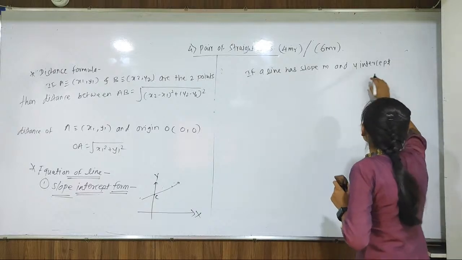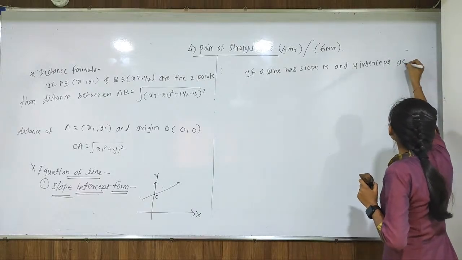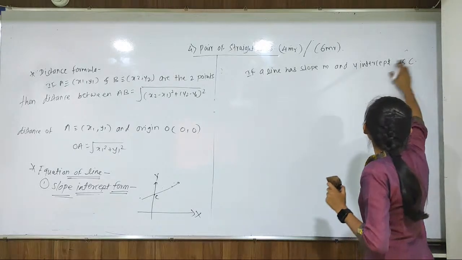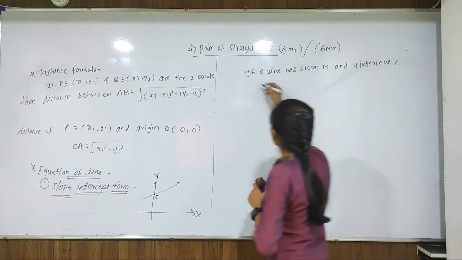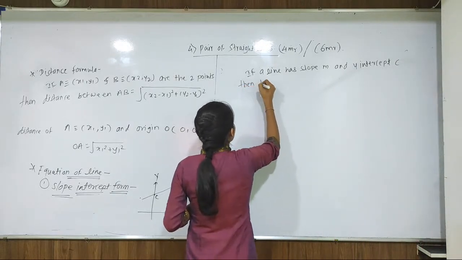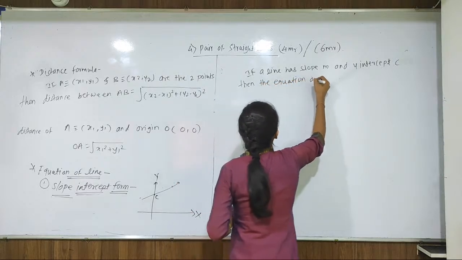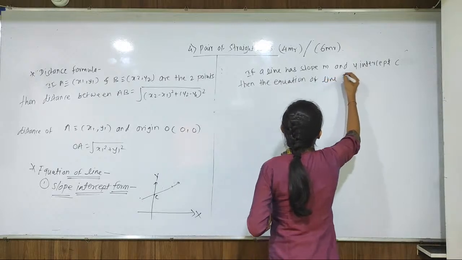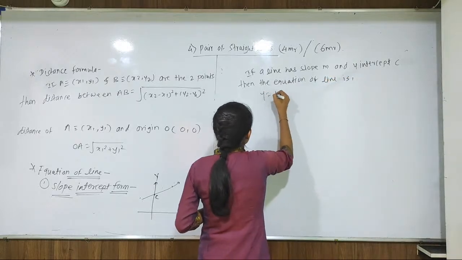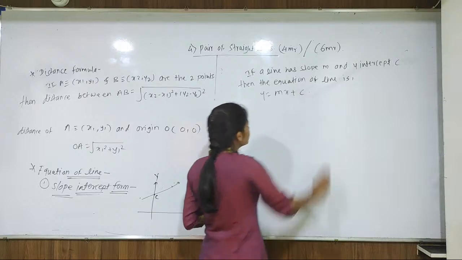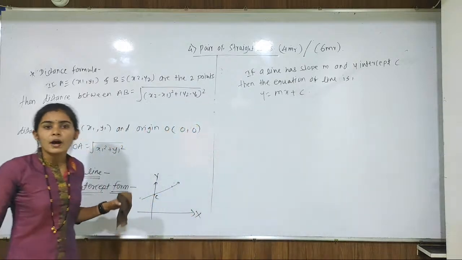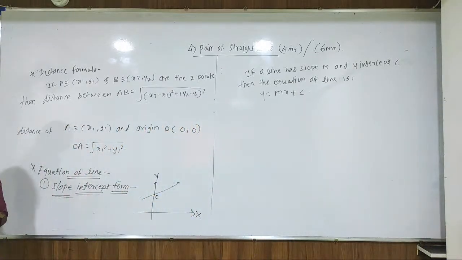Axis ला कट करतो. y intercept as c, then the equation of the line is y is equals to mx plus c. So the equation is y is equals to mx plus c. Understood? आठवलं का आता? Slope intercept form.